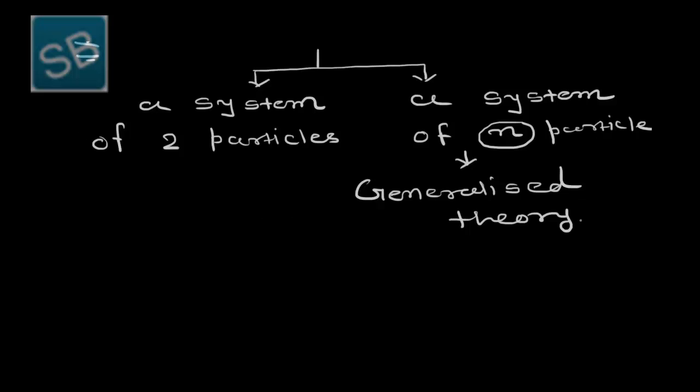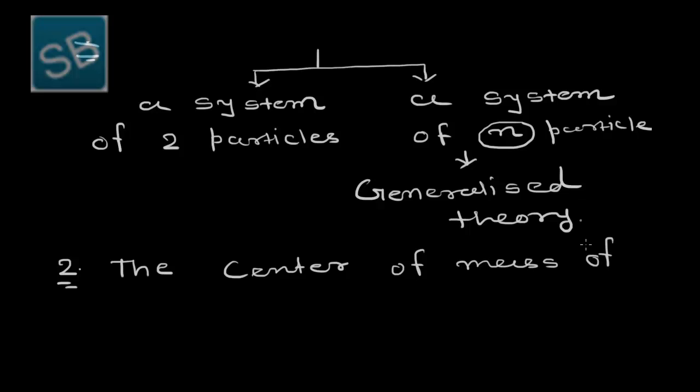Some more things we are going to discuss about center of mass of a rigid body. Now what is a rigid body? This is a new word for you. That word will be clear in this chapter.